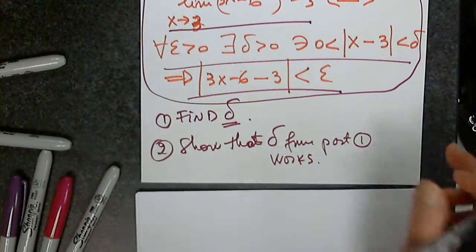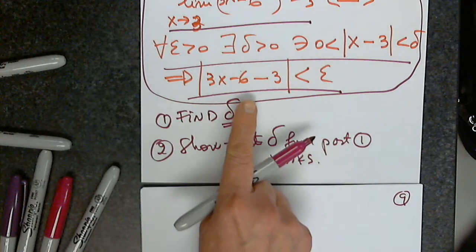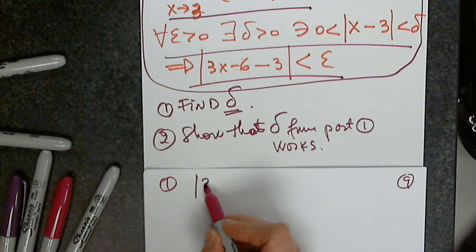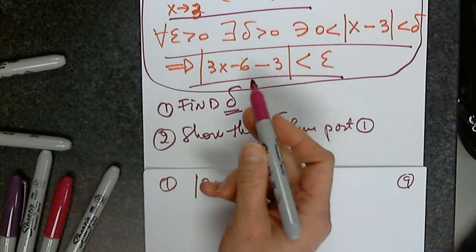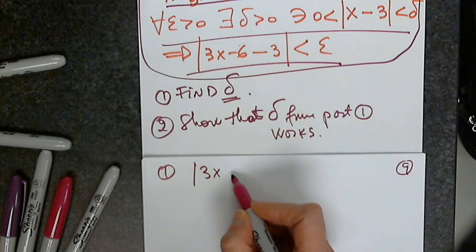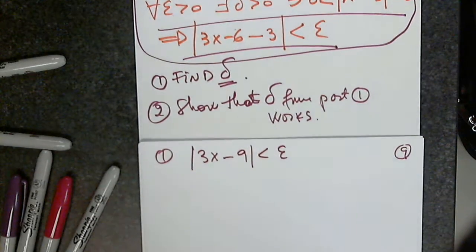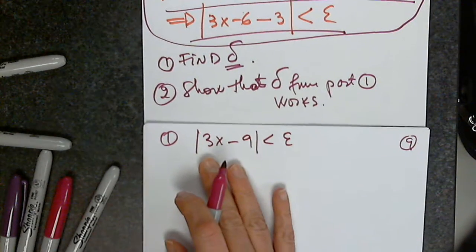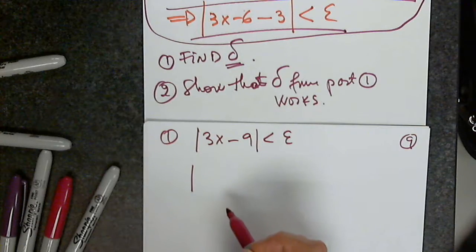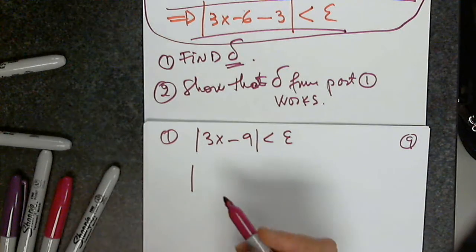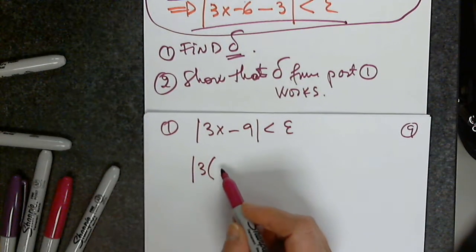We start from the end, that's our starting point: the absolute value of 3x minus 9 is less than epsilon. Now I would like to factor out a 3, because epsilon is given and I have to show that for every epsilon, delta exists. So it's 3 in parentheses, x minus 3.